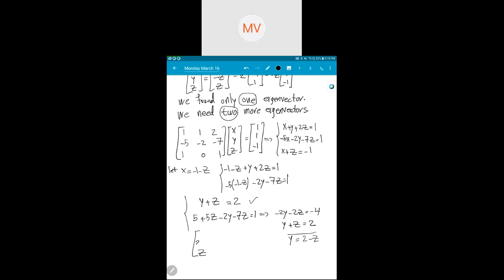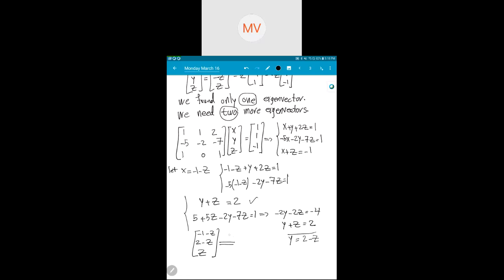So we have z, we have 2 minus z, and we have negative 1 minus z. Now let's pick any value for z and get a candidate out of this. So if you pick 0, what vector are we gonna get? We're gonna get negative 1, 2, and 0.